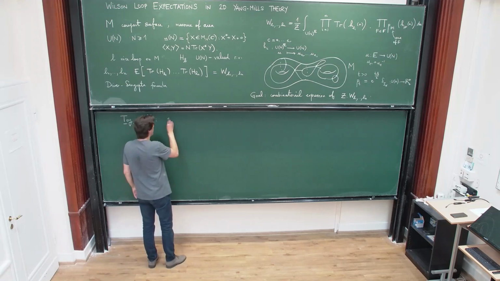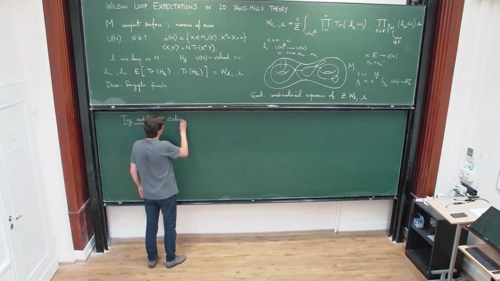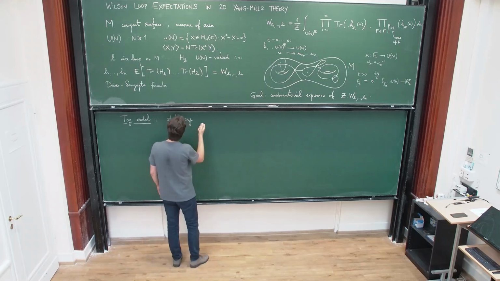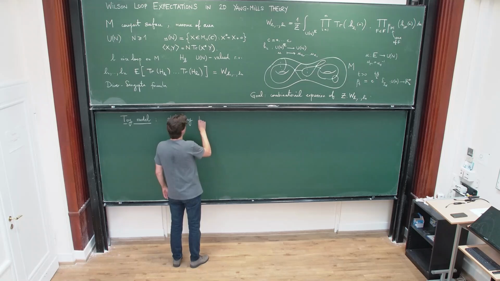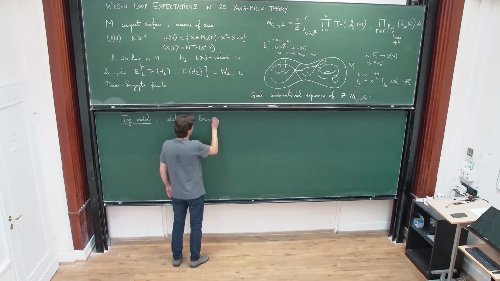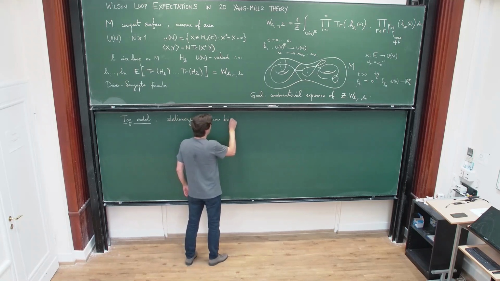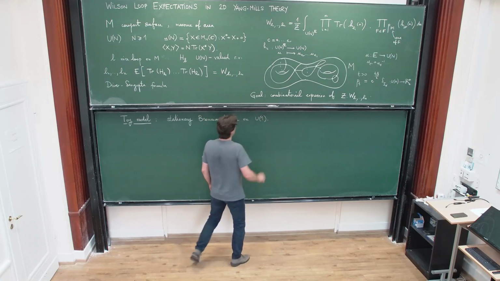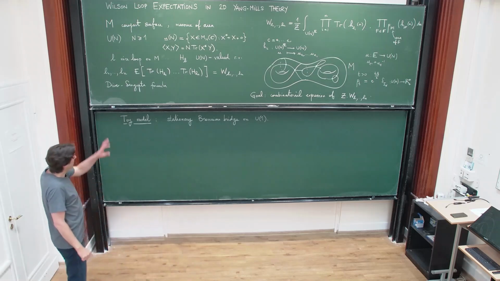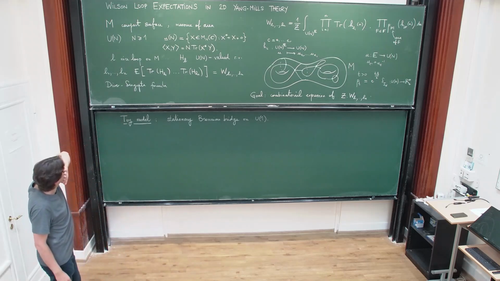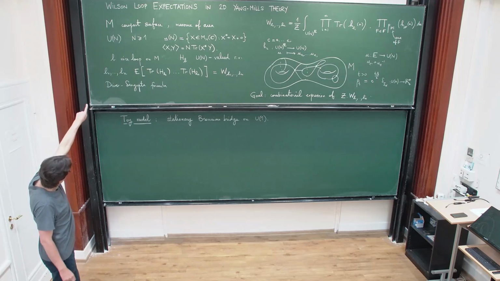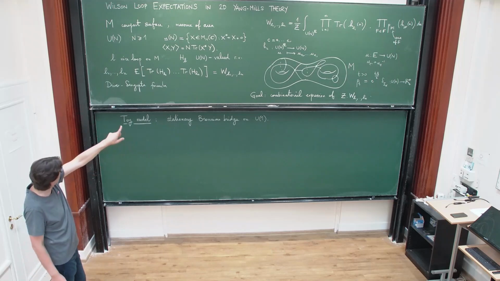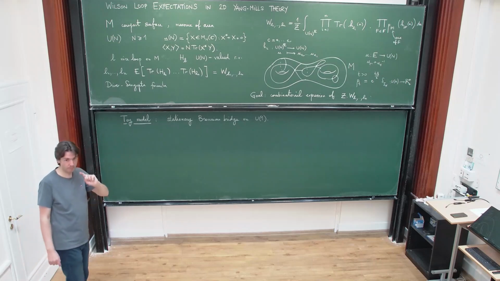It's the stationary Brownian bridge on U(1). So I'm taking this problem and I'm simplifying it in two ways. I take capital N equals 1 and I replace the surface M by a circle.